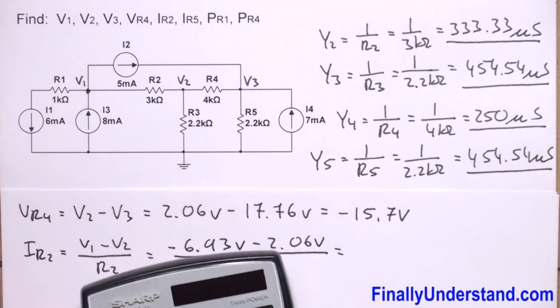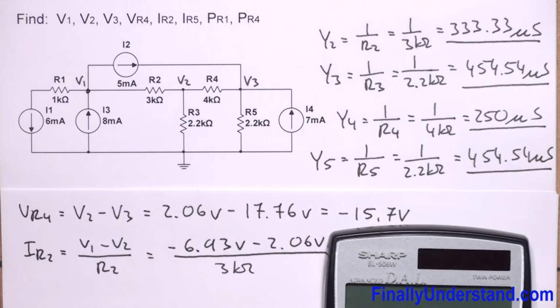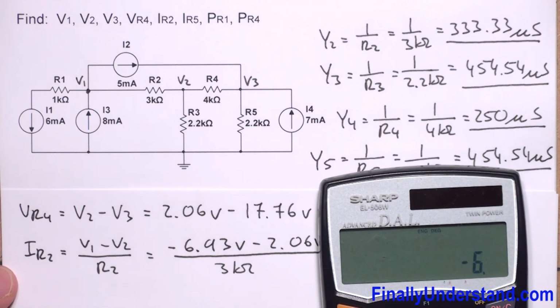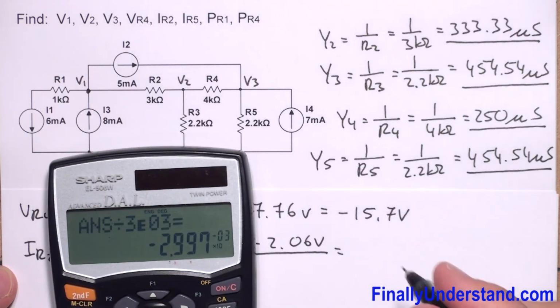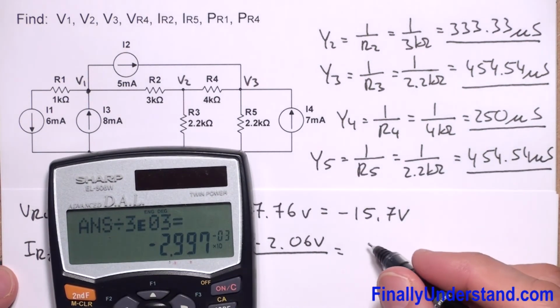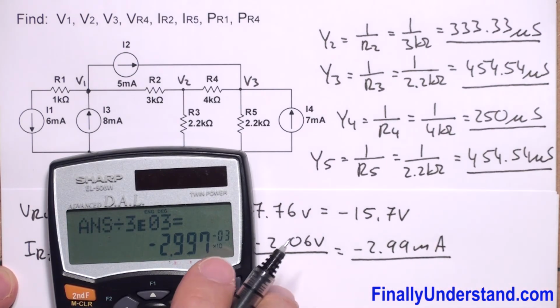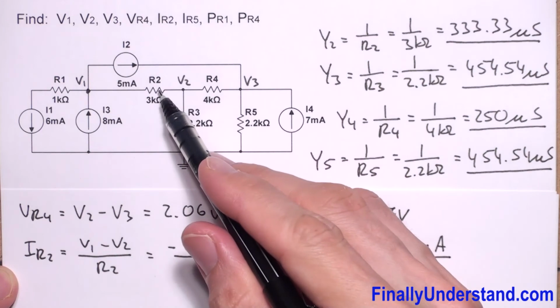This is equal to negative 2.99 milliamps. This is the current which goes through resistor R2.